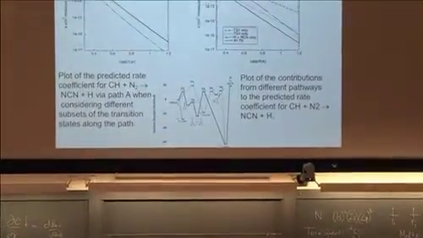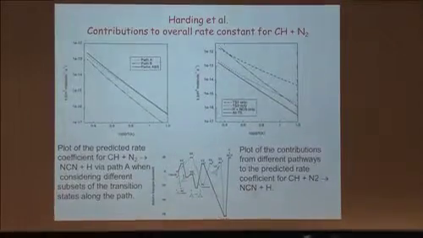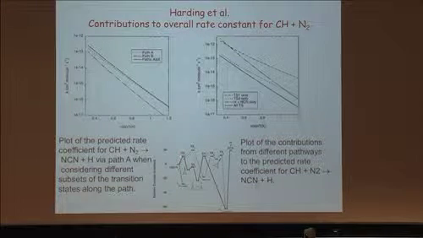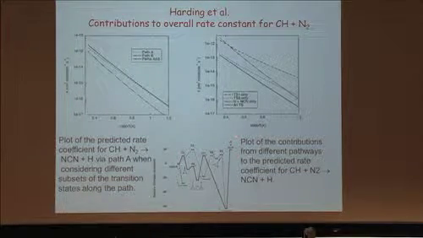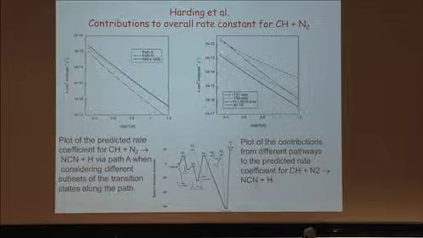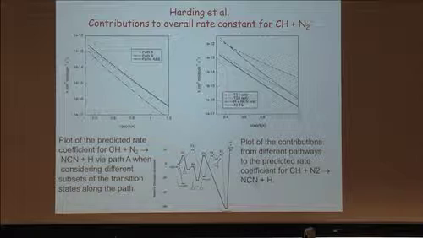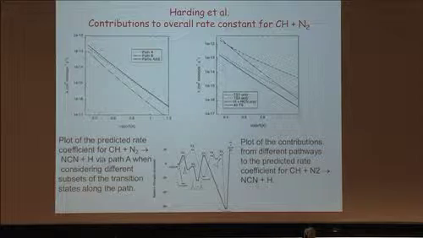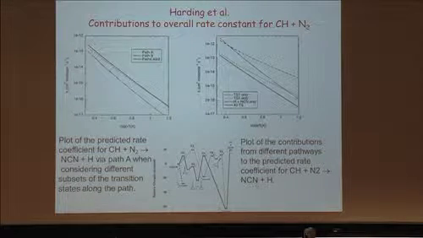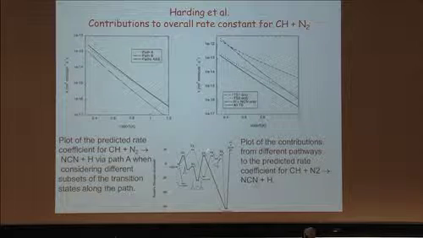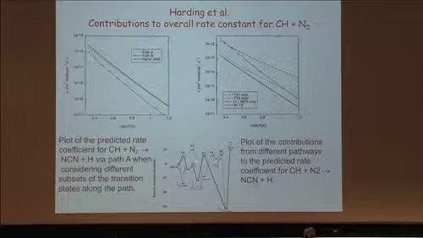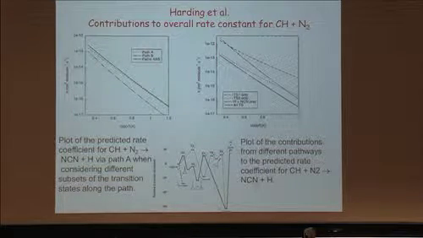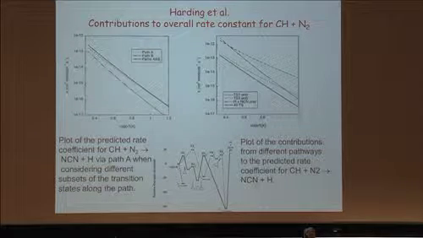And what Larry Harding and his colleagues did was to calculate the rate if only this barrier were important, if only this barrier were important, and if only this barrier were important. And each of these rates is larger than the final rate, but it gives you an idea of which one of them is primarily determining the overall rate. And the slowest of these, which is the one that's limiting the flux primarily, is TS3, this one here. And so this is the overall estimation of the overall rate coefficient, and these are the contributions from the fluxes over these different energy barriers.